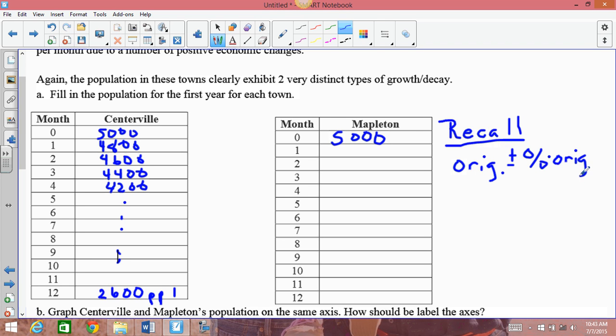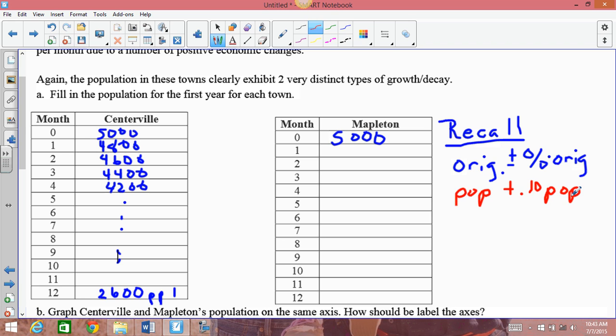So here in the beginning, it has a population of 5,000 people. 1 month later, it's going to experience a 10% increase. So it's going to have that 5,000, the original population, plus 10% more. So here's what you can think about. It's going to have its original population, plus a 10% increase on that population.